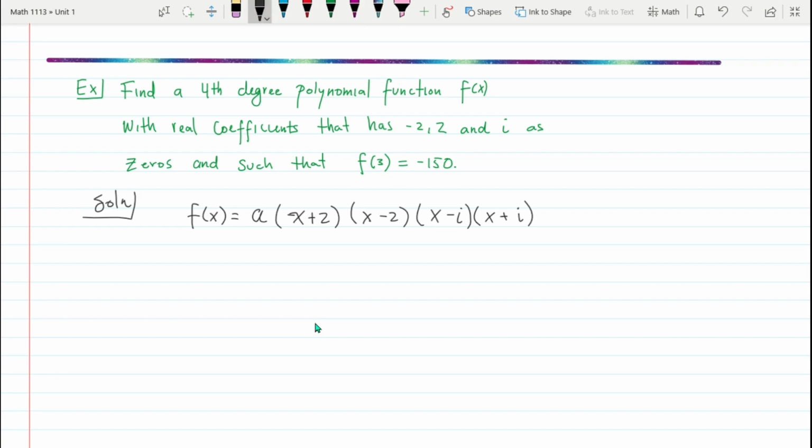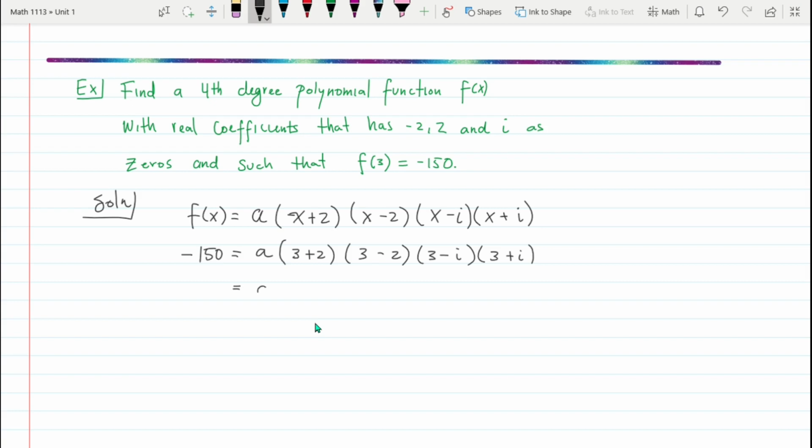So -150 is equal to a times (3 plus 2) times (3 minus 2) times (3 minus i) times (3 plus i). Definitely we can do this by hand, or just go ahead and do it in the calculator.